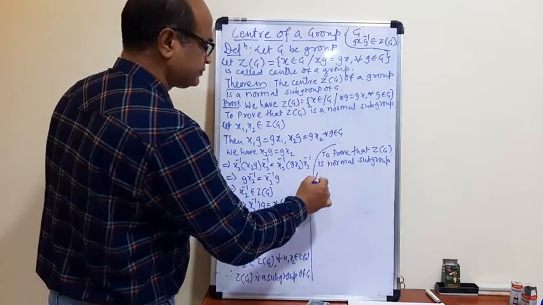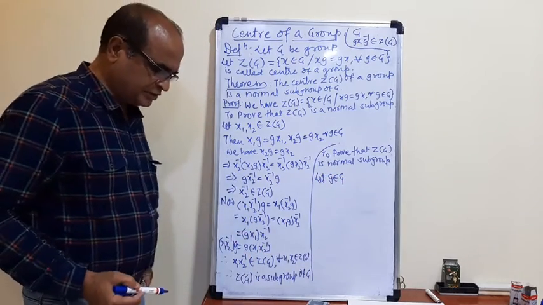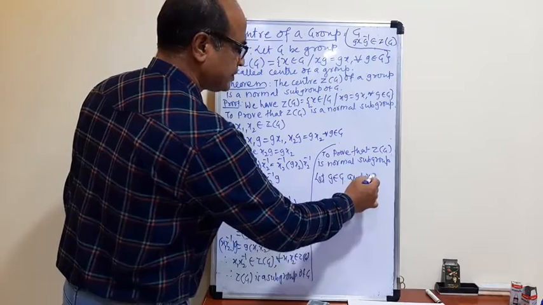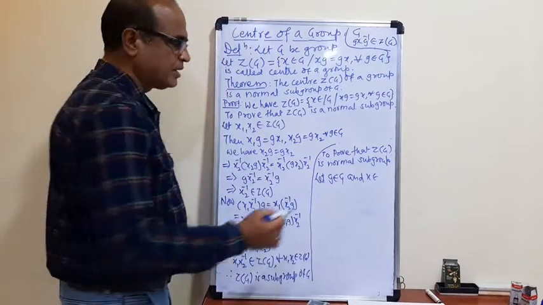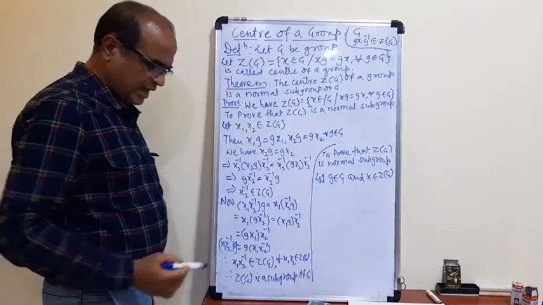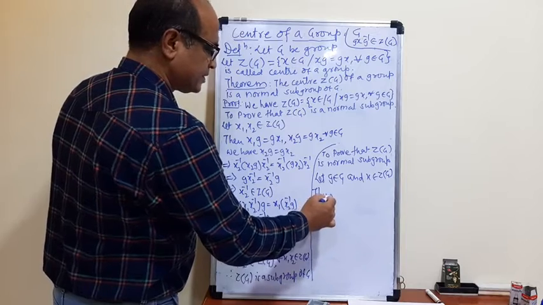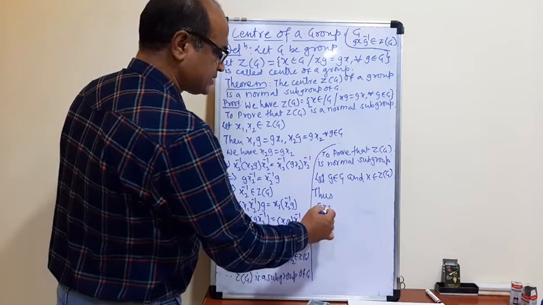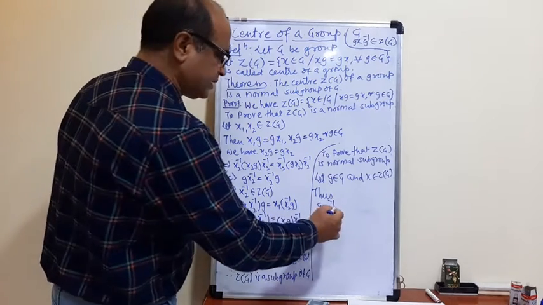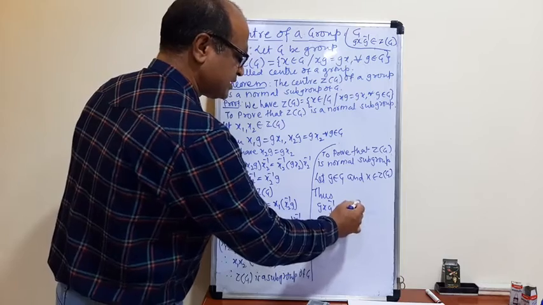Let g belong to G and x be an element of the center of the group Z(G). Thus g x g inverse can be written as gx into g inverse.